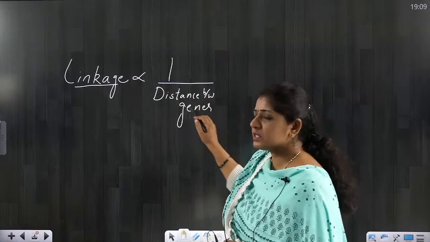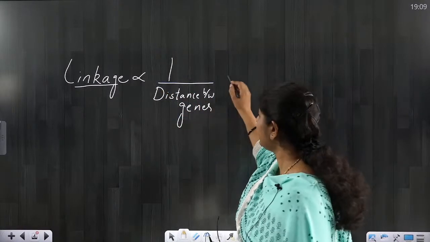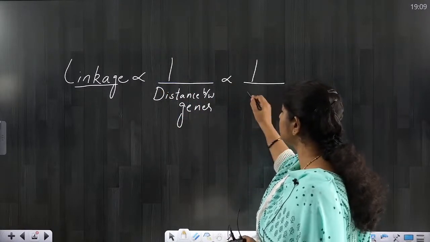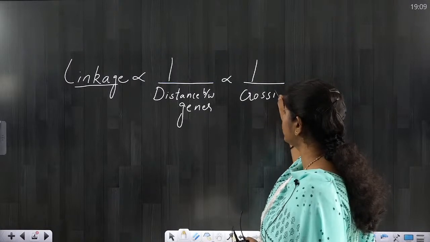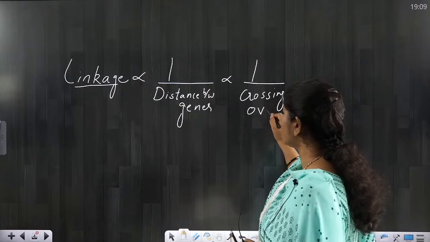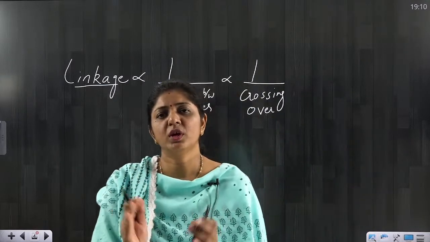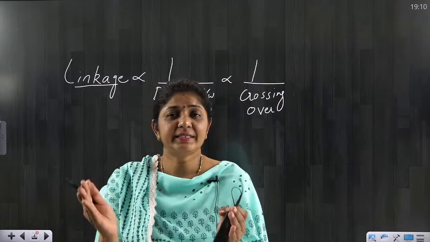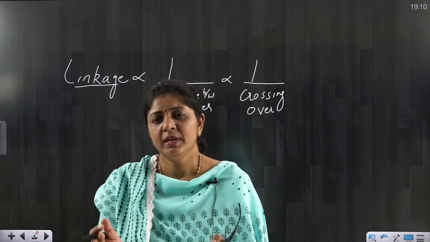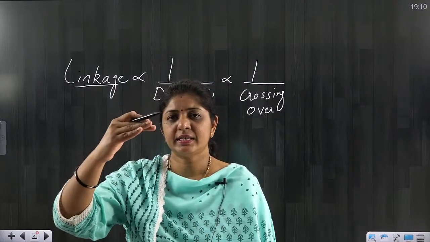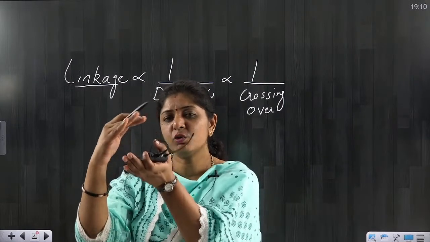It is inversely proportional to that, and also inversely proportional to crossing over. Just now I said what crossing over is: exchange of segments between homologous chromosomes. How much that exchange is possible depends upon the distance and how much they are linked to each other.